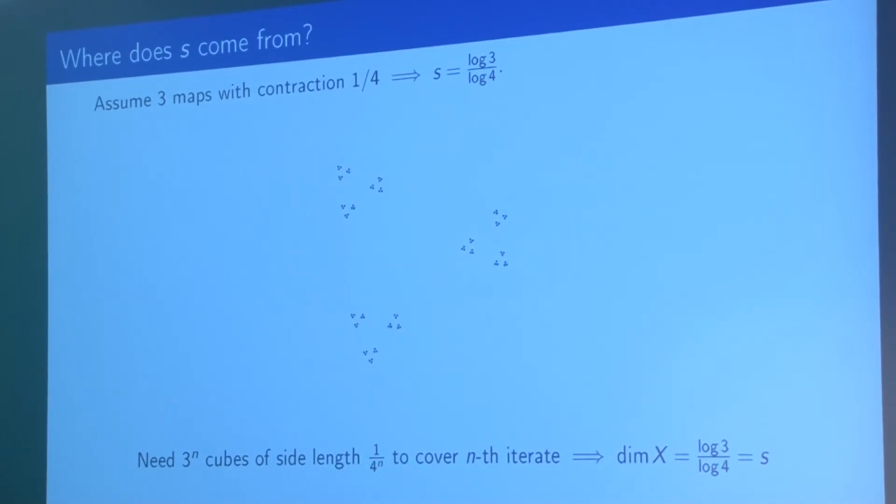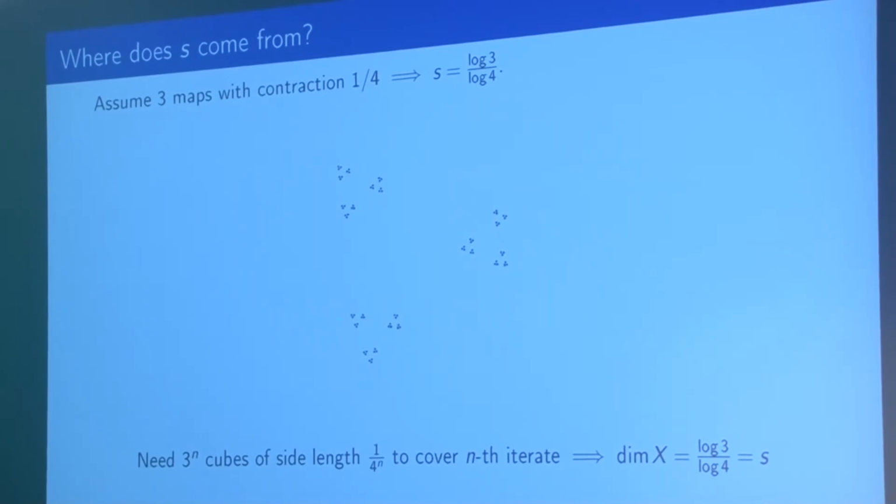And what is dimension? Okay, hand waving, you're asking how many cubes of side r do you need to cover the set, and what power is that of r? And so, without actually doing the computation, with these asymptotics, you see that the dimension is at least log 3 over log 4, which is s if you actually plug it into the formula that I gave before.